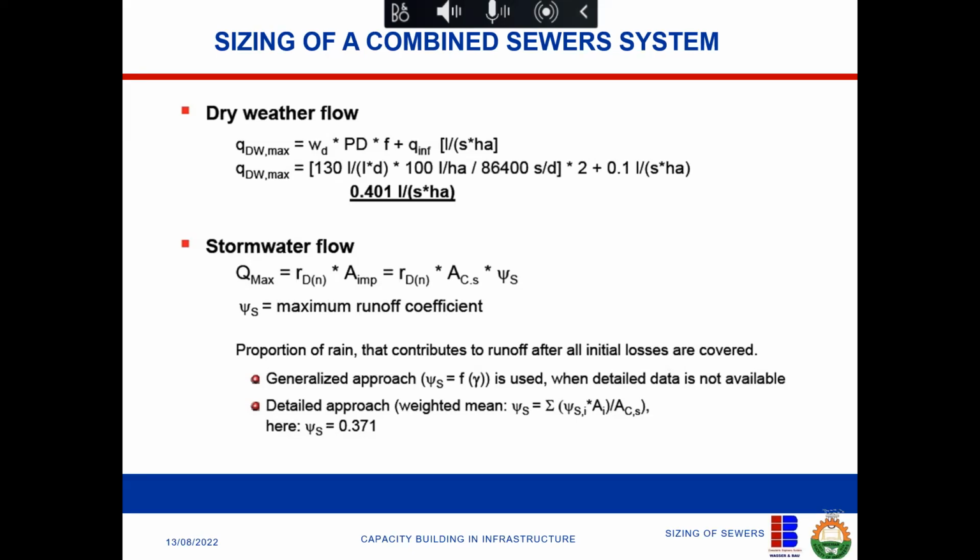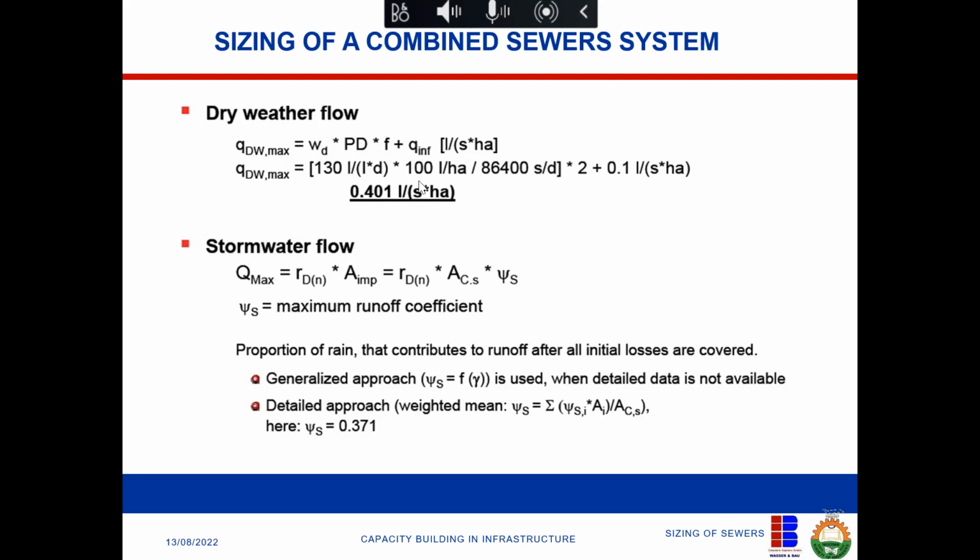Then this 86,400 is the conversion factor. Remember that this is liters per day. So if we need to convert it to liters per second per hectare, we need to divide by 86,400. We multiply by 2, and then add it to the infiltration water or the parasite water as an additional factor, as a second tier factor of safety.